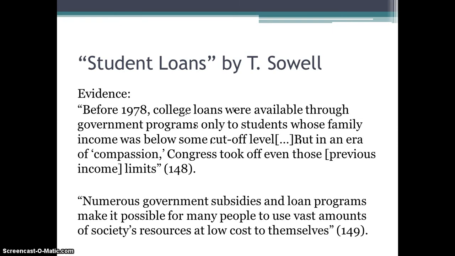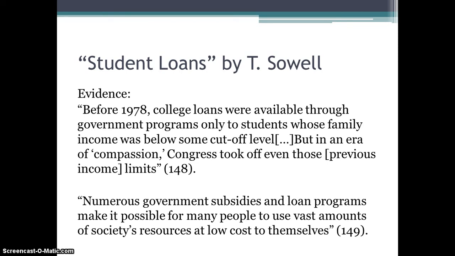So the evidence that he uses here, there's a couple of claims that we've got. Before 1978, he offers this: "College loans were available through government programs only to students whose family income was below some cutoff level. But in an era of compassion, Congress took off even those previous income limits." So this is one of the evidence moments that he makes to show that the government is coming to the taxpayers' rescue, quote unquote.